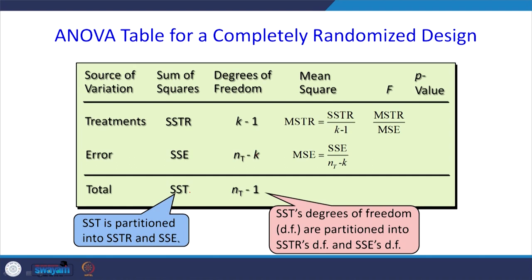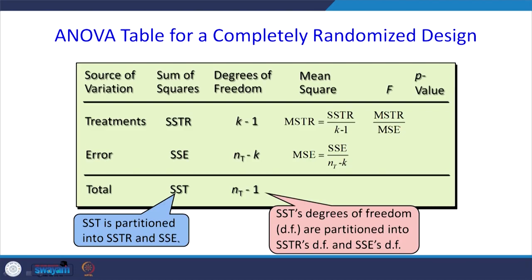Generally, for SST the degrees of freedom is nt minus 1, nt being the total number of elements. When you subtract nt minus 1 minus k minus 1, that will give you nt minus k. So, MSTR is nothing but SSTR divided by the corresponding degrees of freedom, the mean treatment sum of square. When you divide SSE by the corresponding degrees of freedom, you get the mean error sum of square.